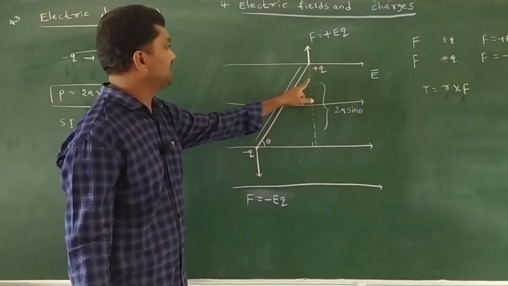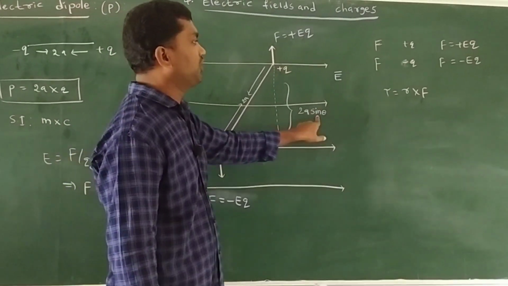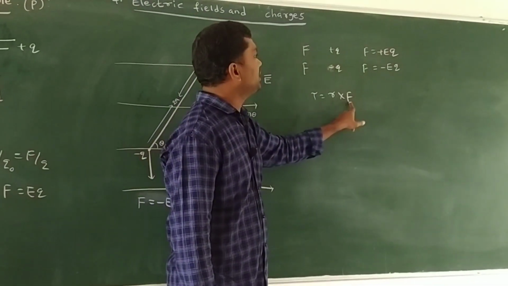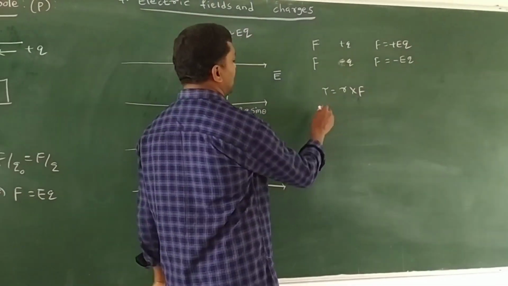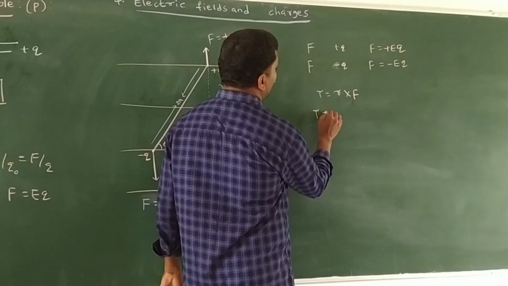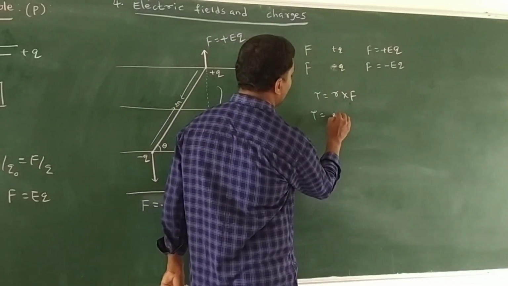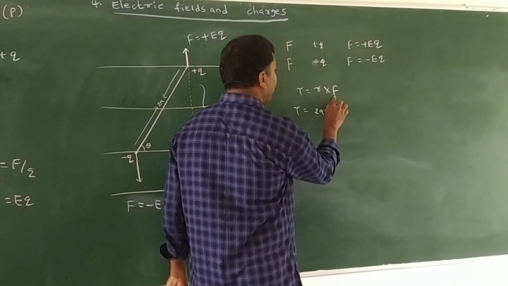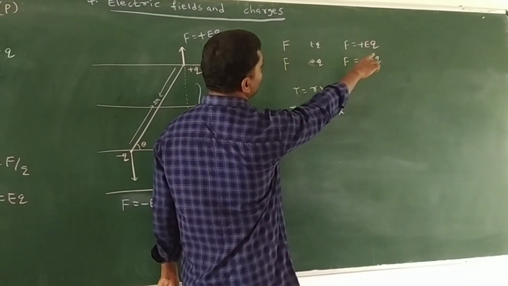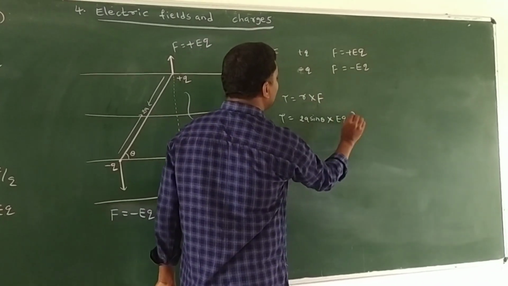From the figure, the perpendicular distance is 2a sin theta, and the magnitude of the force is Eq. Substituting the values, tau is equal to R, the perpendicular distance 2a sin theta, times F, the magnitude of force Eq.